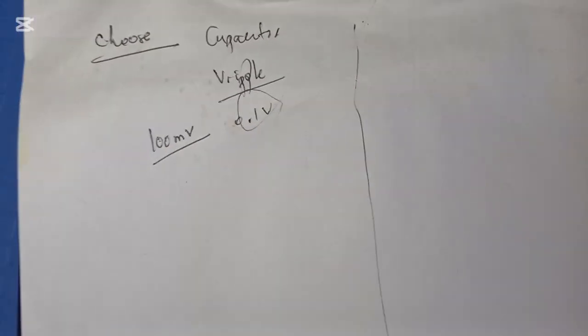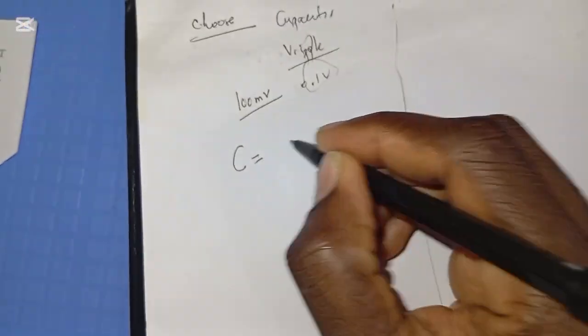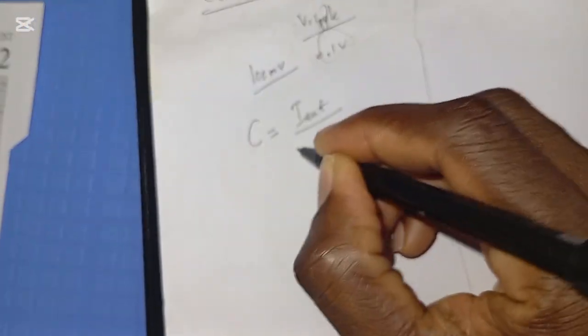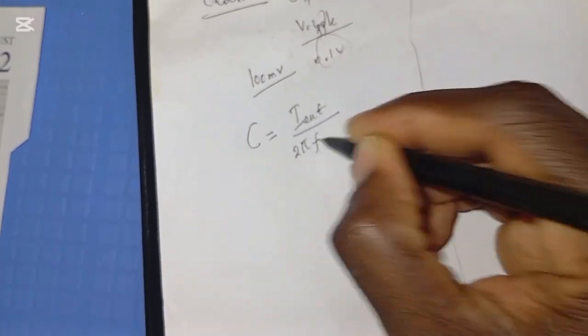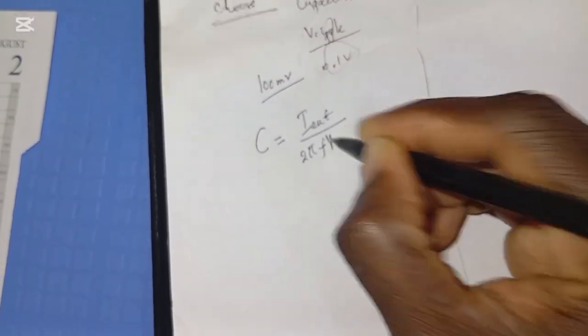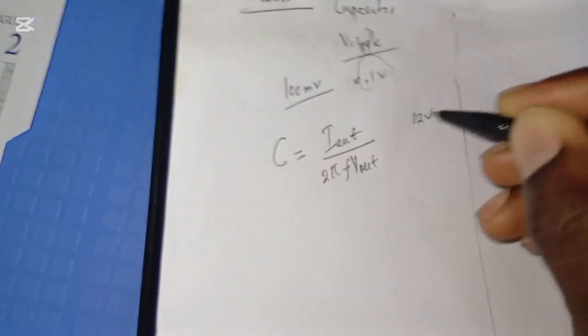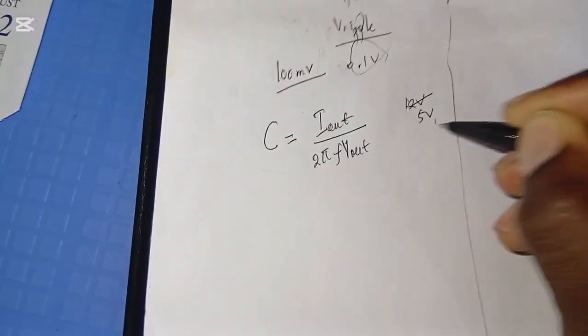Then I need to calculate the value of that capacitor. For me to be able to calculate that, the output current over 2 pi times the frequency times the voltage output. The power supply I'm going to design is a 12 volt input, 5 volt, 1 amp power supply.